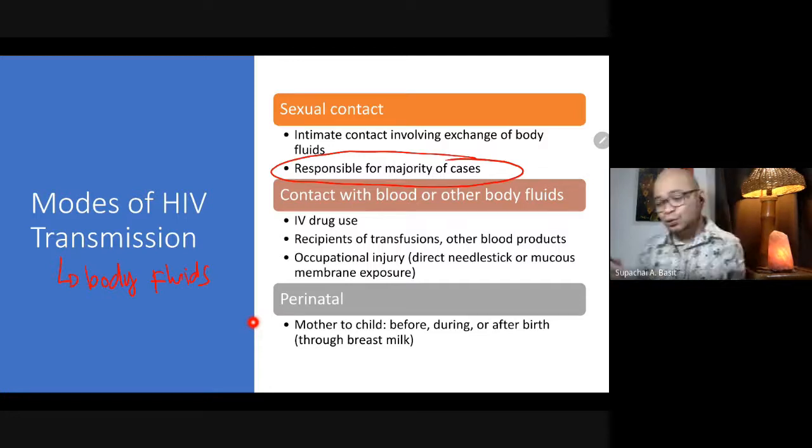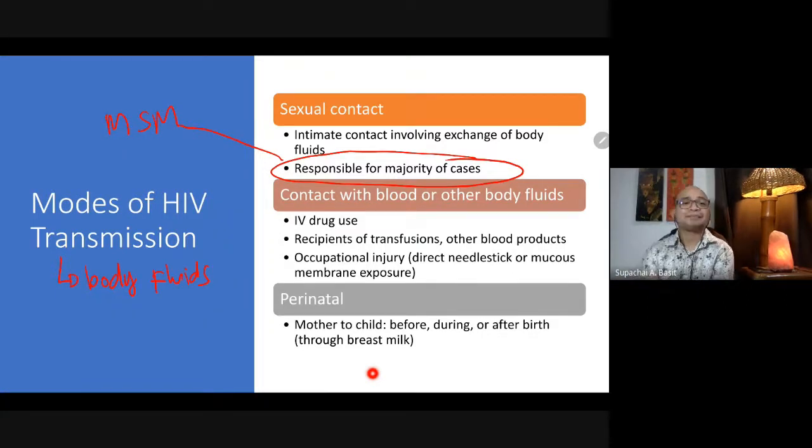Not to discriminate anyone, but the main type of sexual contact is usually via MSM, which stands for men having sex with men.